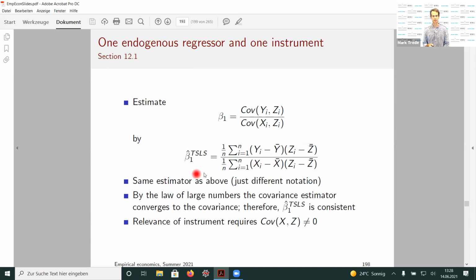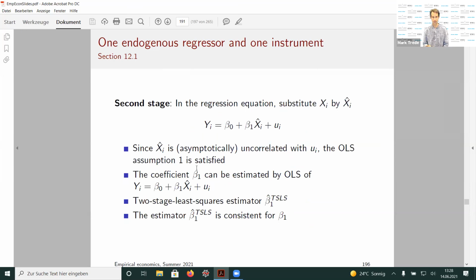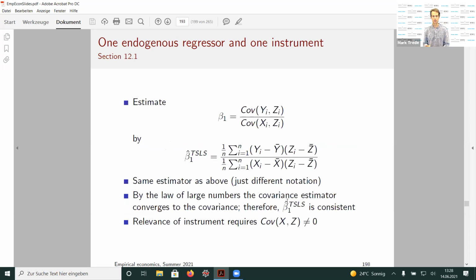That is a different way to look at the two-stage least squares estimator. If you look at it this way, it appears to be different from the one we looked at here, where we really performed these two stages. But one can show that it's really just the same estimator.